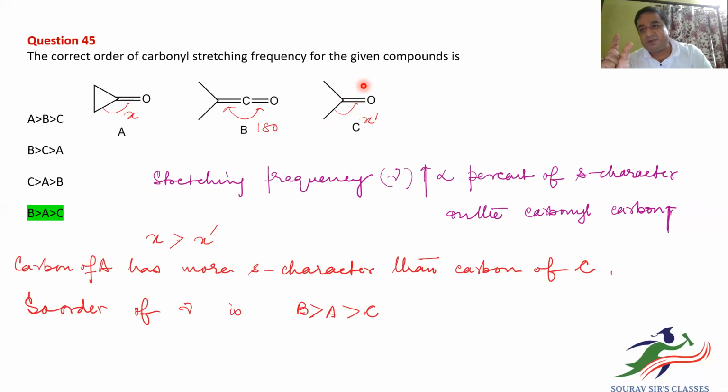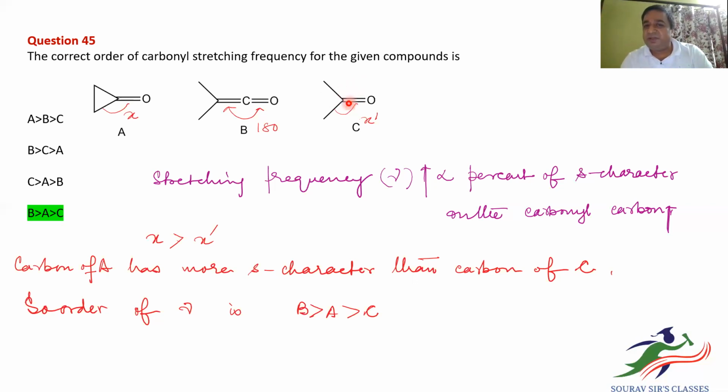The more the CO bond is shortened, we know from Hooke's law that stretching frequency is directly proportional to the force constant, which is 1 by 2 pi root over K by mu, where mu is the reduced mass. So if K increases, frequency will increase.